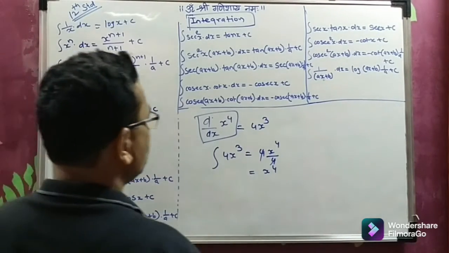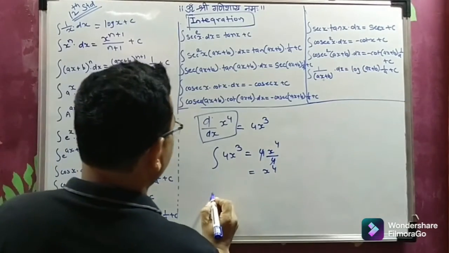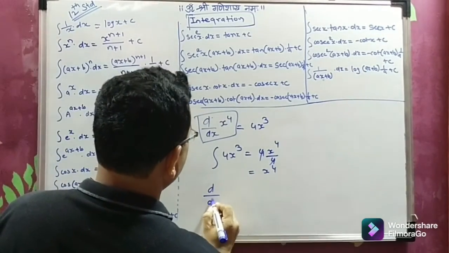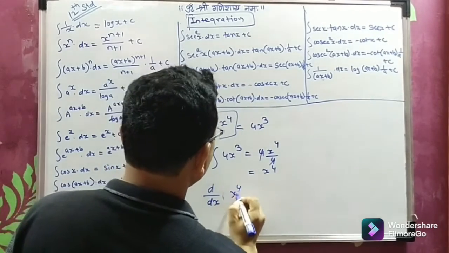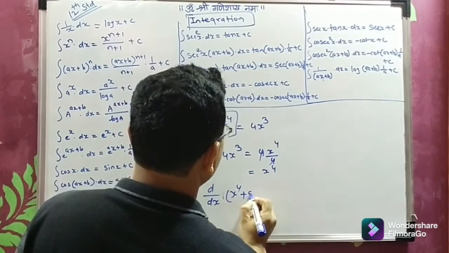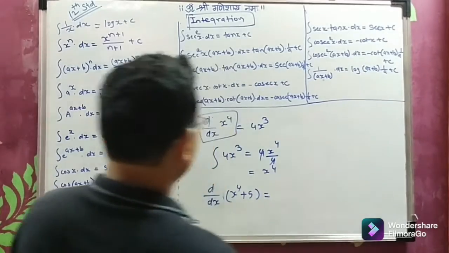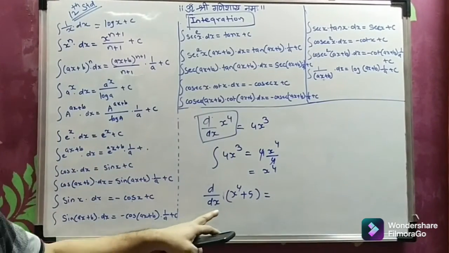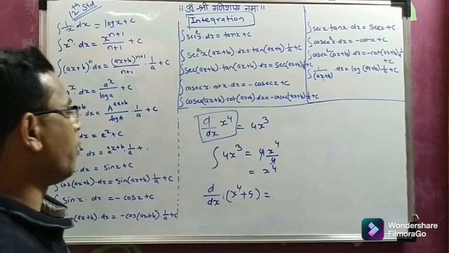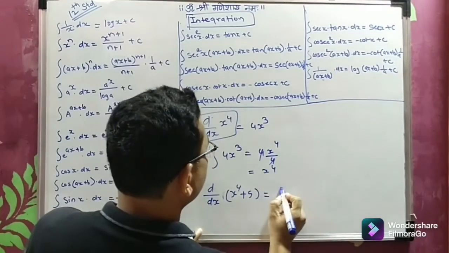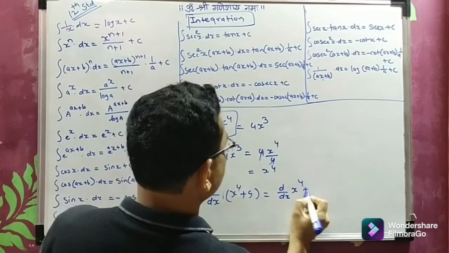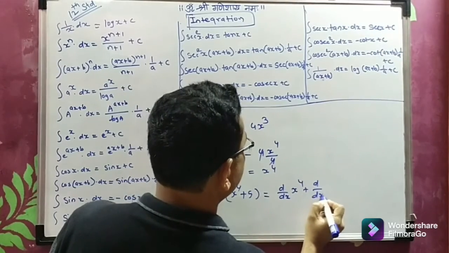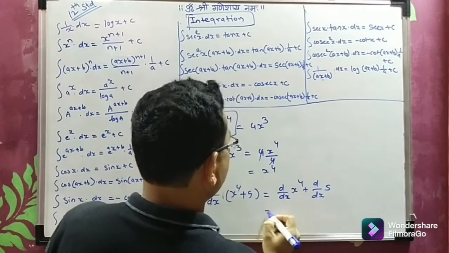Why are we writing c as a constant? Because if you find the derivative, d upon dx, of say x raised to 4 plus 5, the answer will be d upon dx of x raised to 4 plus d upon dx of 5.